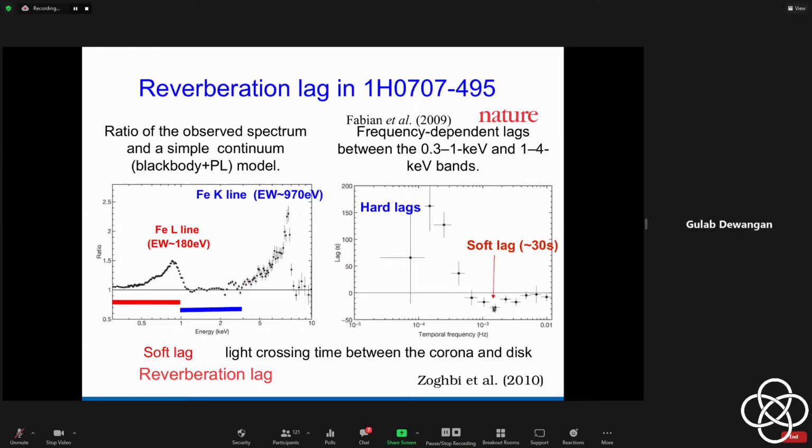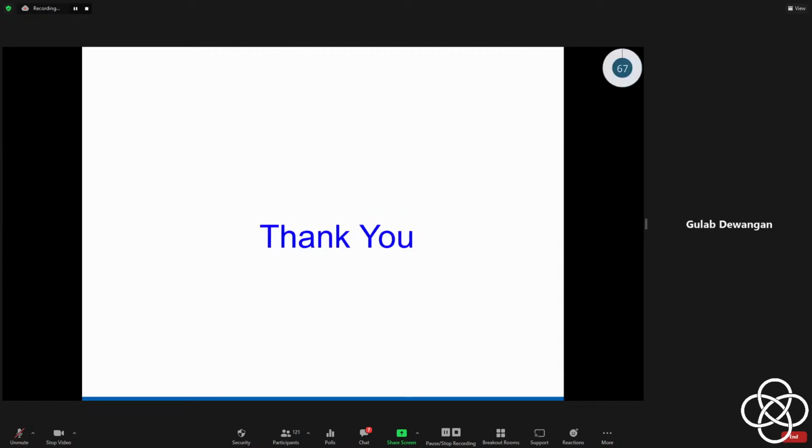That is what you expect. This delay is called the reverberation lag, and this is again a signature of the reflection process occurring in active galactic nuclei. Okay, I think I have said whatever I wanted to say here.